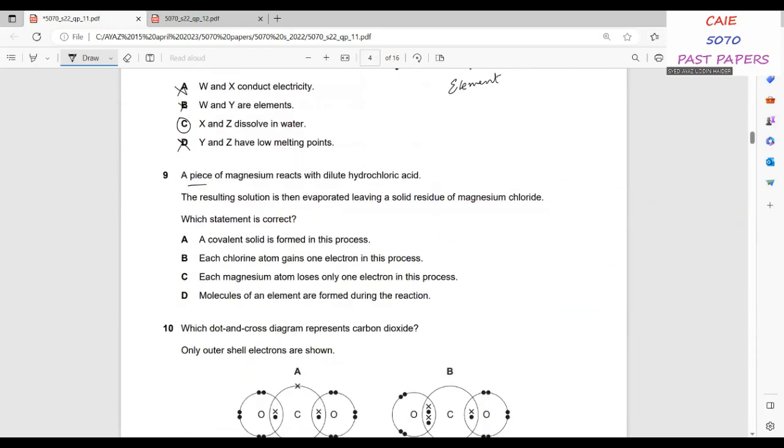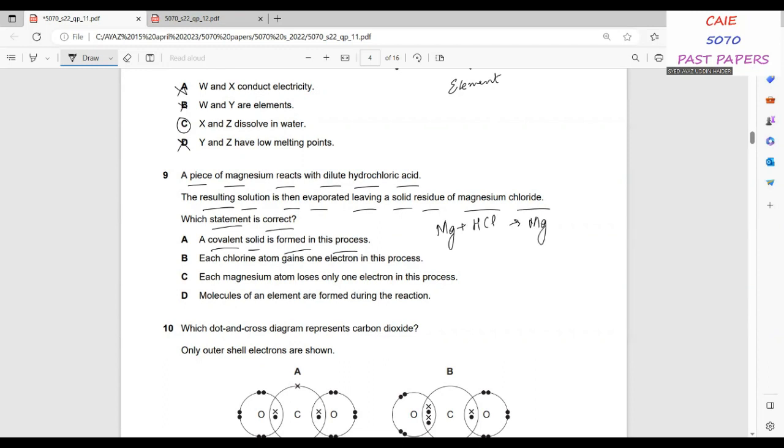Number 9. A piece of magnesium reacts with dilute hydrochloric acid. The resulting solution is then evaporated, leaving a solid residue of magnesium chloride. Which statement is correct? A. A covalent solid is formed in this process. For your convenience, I am writing the reaction. This is a reaction between magnesium and hydrochloric acid.